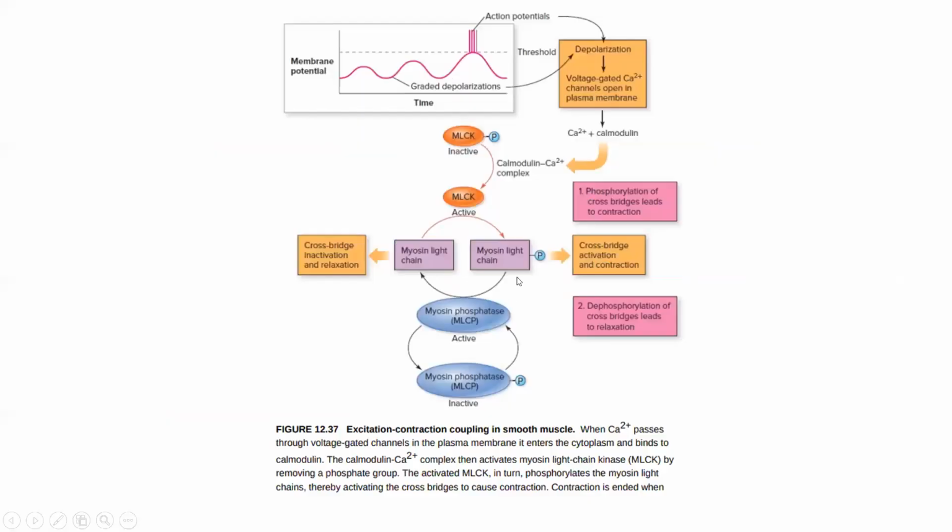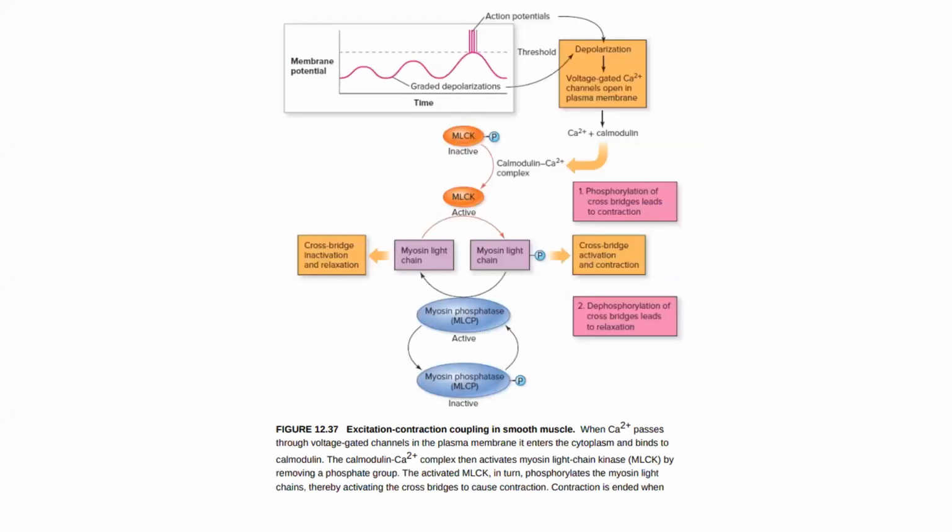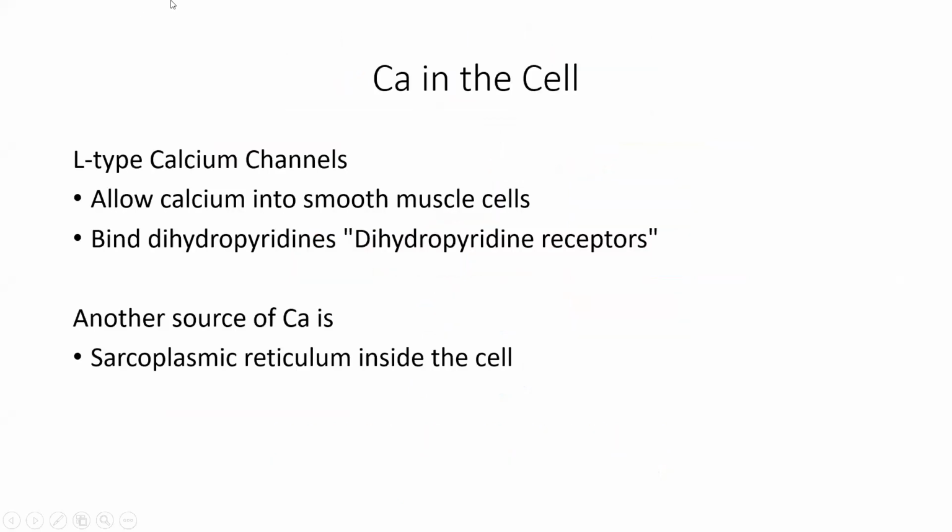And finally, let me mention that calcium has to be increased inside the cell, but this is mediated by two receptors. First one is the L-type calcium channel, which is our voltage-gated calcium channel, and which is also called dihydropyridine receptor.